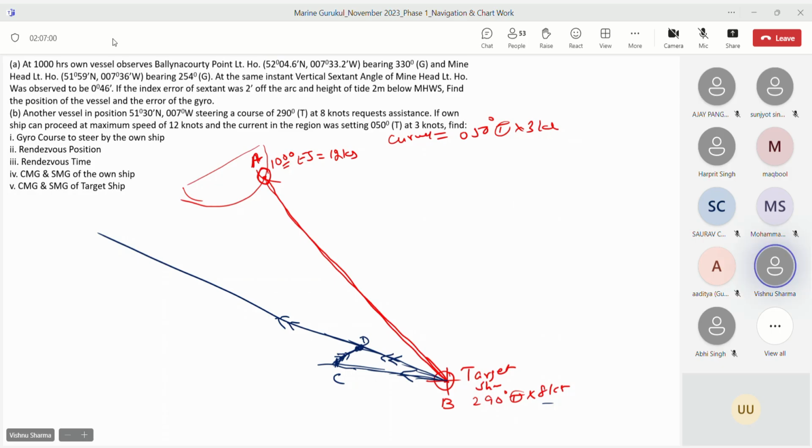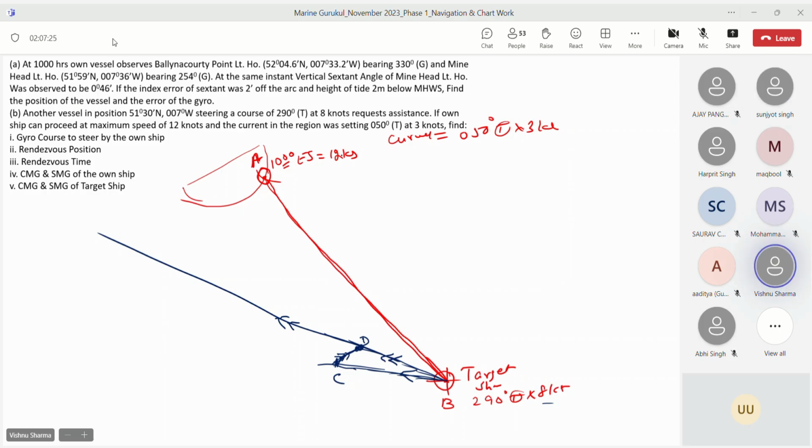Okay. Will the RV position lie on the BD line, the CMG of the target, somewhere? Yes or no? Yes, sir. Now, target is at D after 1 hour. If a current setting 050 has to bring me to D, where should I be 1 hour before that? Charlie. C. Yes.